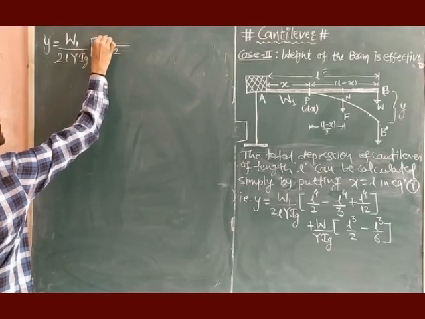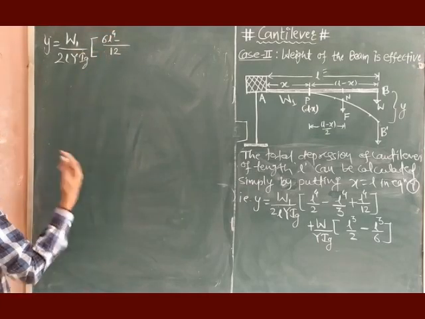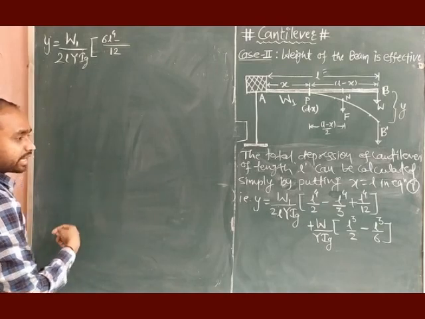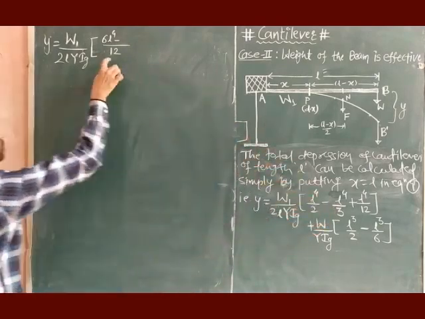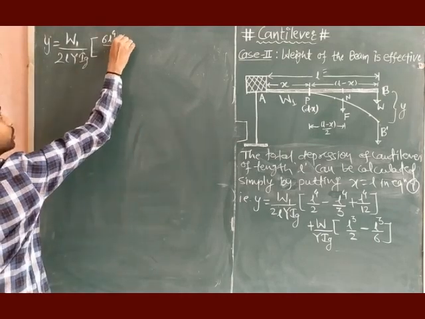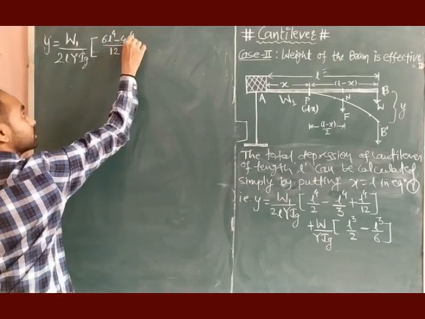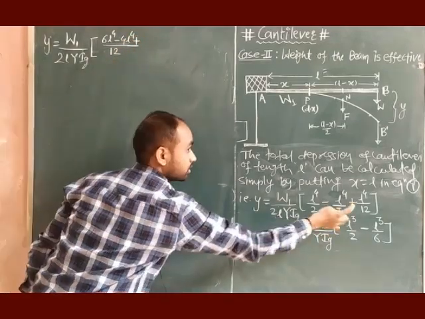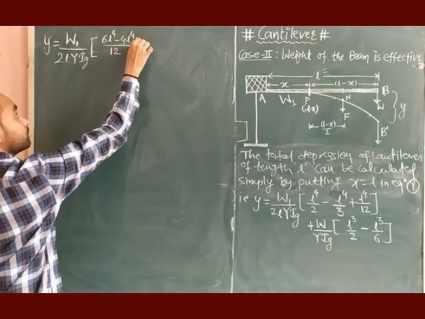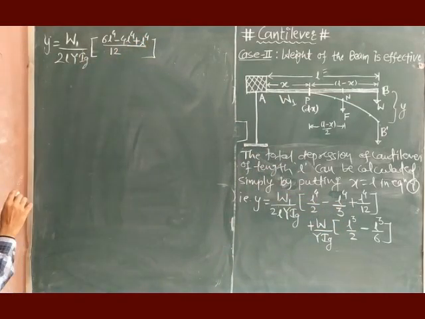So what you get? 6 L power 4 minus, right? Let me do it in our what we can say school days manner. 3 4s are 12 and we multiply to the numerator. So 4 L power 4, right? Then plus 12 1s are 12. So simply L power 4. I hope you know this method, right?